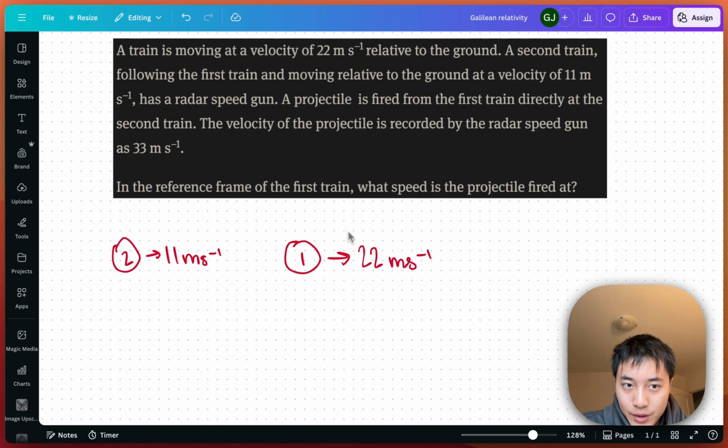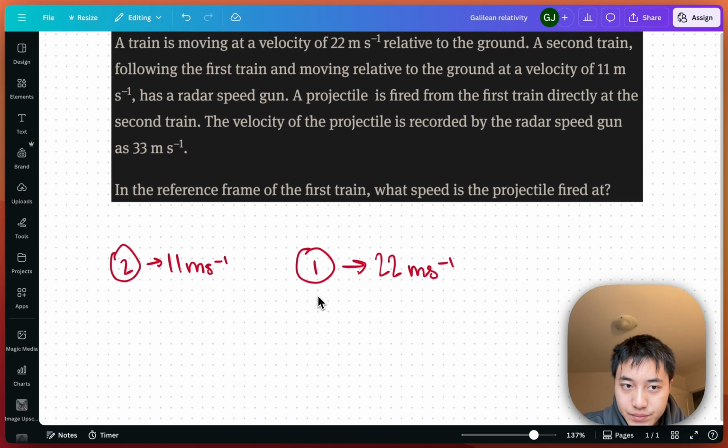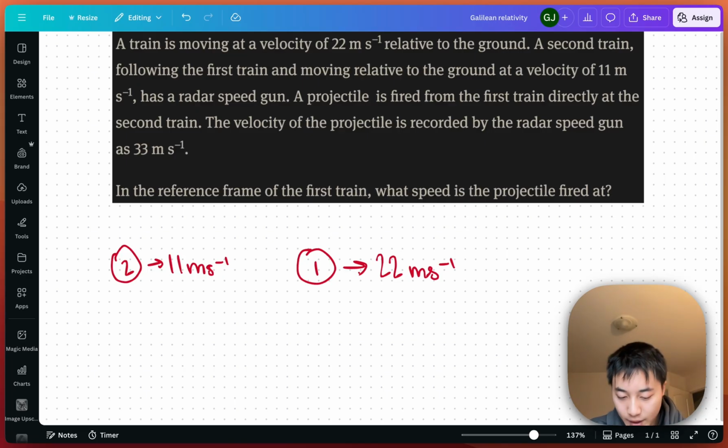Okay, to make it more simple, one of these should be 0. So let's make this one 0. And this means the train number 1 will be moving at 11, because it's all relative. So technically we don't even have to show this because it's stationary. Okay.